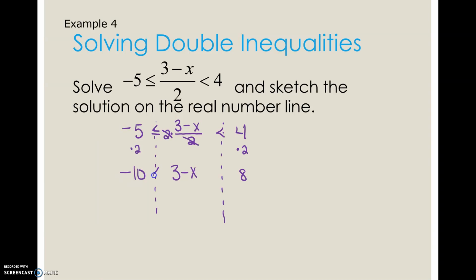No. I multiplied by a positive number, so we don't change the signs. Now what? Subtract 3. What's left in the middle when I subtract 3? -x. We've got -13 on the left and 5 on the right.